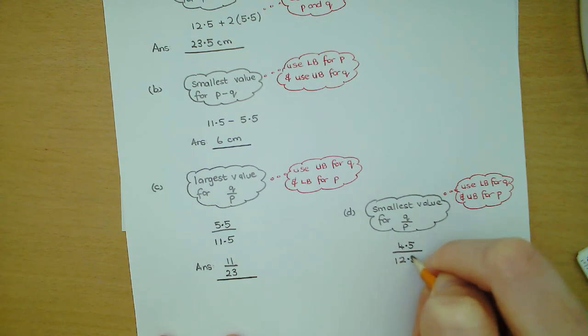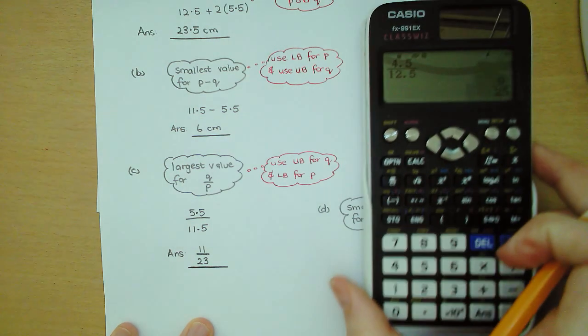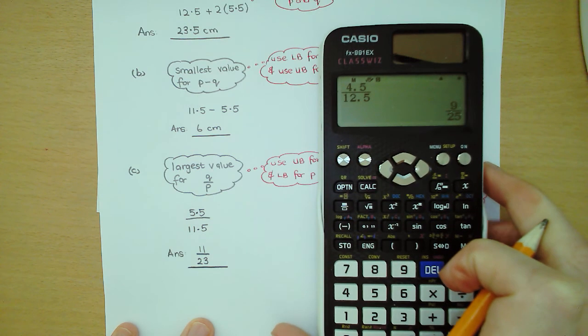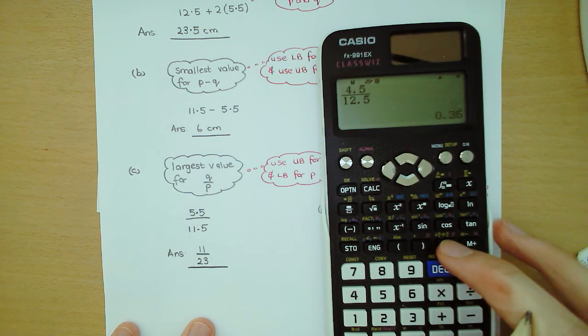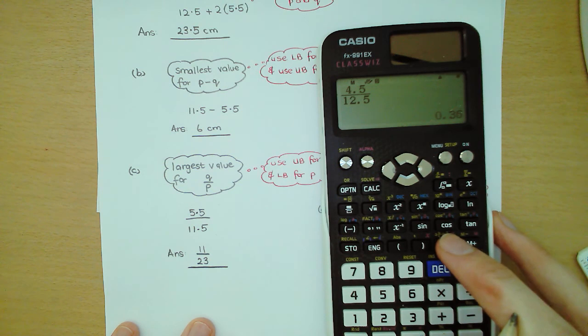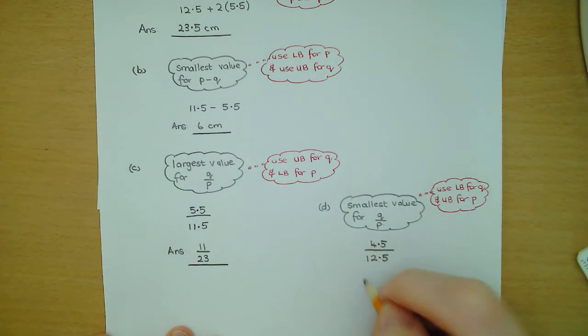And again, we can type it into our calculator using our fraction button, and the calculator is going to give that as 9 over 25, and it's perfectly fine to leave it like that. I wouldn't hit SD and write it out even as a decimal. I would keep it just as a fraction there. So 9 over 25.